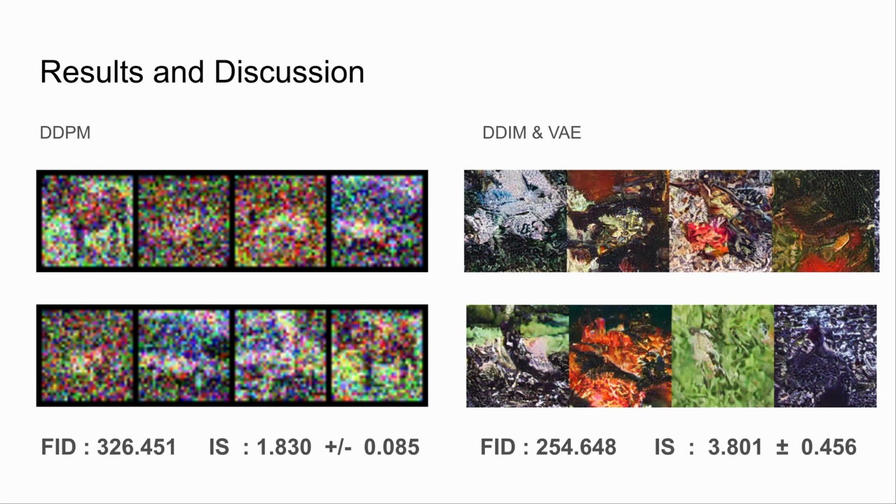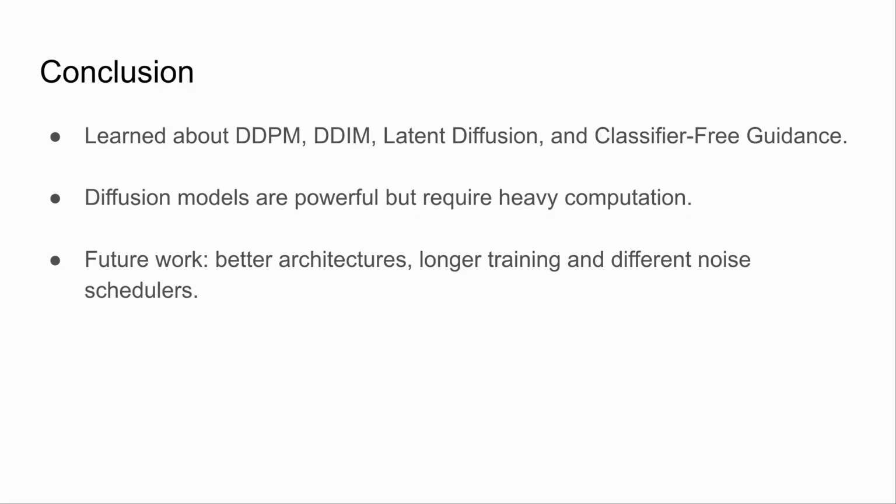The key takeaway from this study is that the new pipeline is already giving clear images with the same compute budget, and we expect the FID to fall and inception score to rise once we continue training this model further and add classifier-free guidance. And to summarize, we rebuilt DDPM, added DDIM for quicker sampling, and proved that latent diffusion can learn meaningful structure with limited hardware.